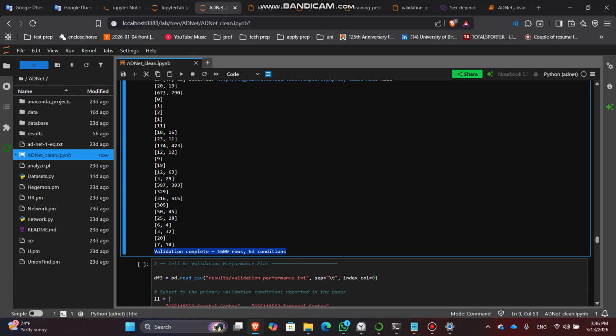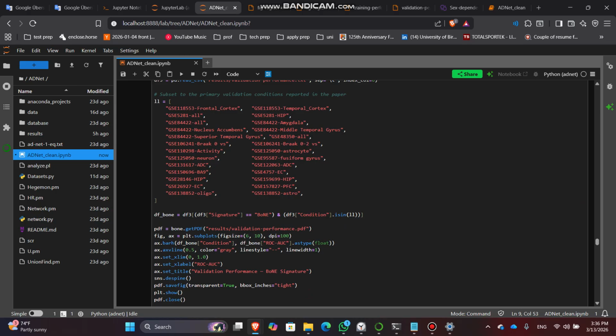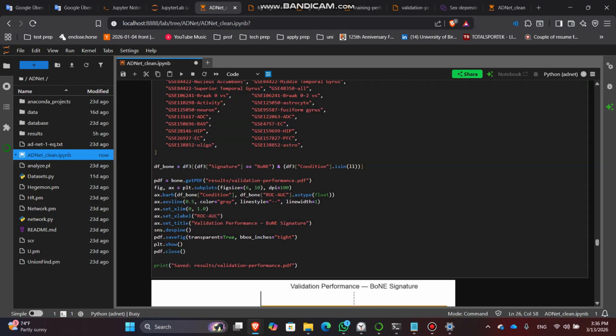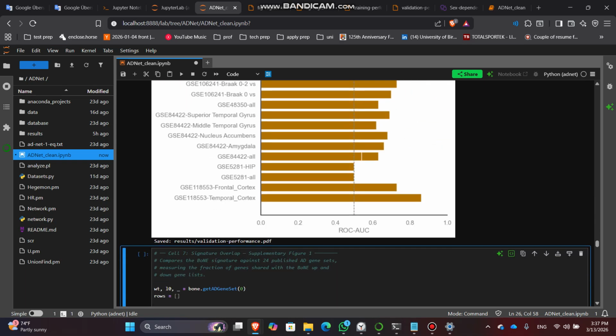Bone is evaluated against all 24 published signatures on data it has never seen. Bone maintains AUC of above 0.70 across the majority of held out conditions, outperforming most competing signatures. This means AUC is around 0.82.